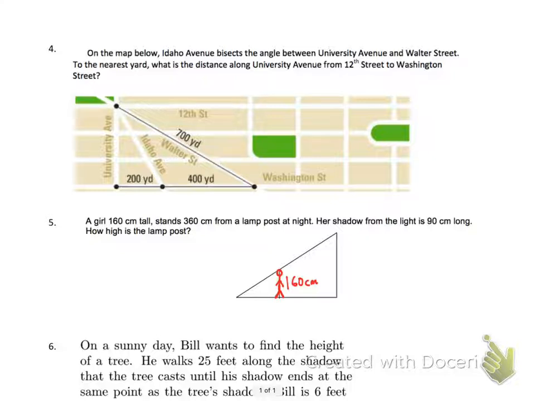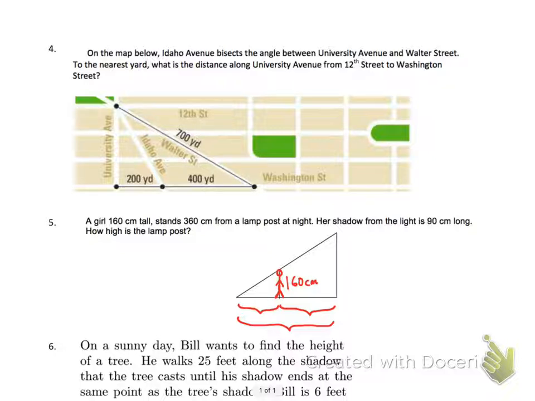Okay, so a 160 centimeter tall girl stands 360 centimeters from a lamppost at night. So where might that 360 centimeters go in the diagram? What do you think? The flooring, kind of. Yeah, whatever they're standing on, like the street or the walkway. Now, is it going to represent this entire distance right here or something else? Okay, so is it the shorter distance on the left, or the shorter distance on the right?